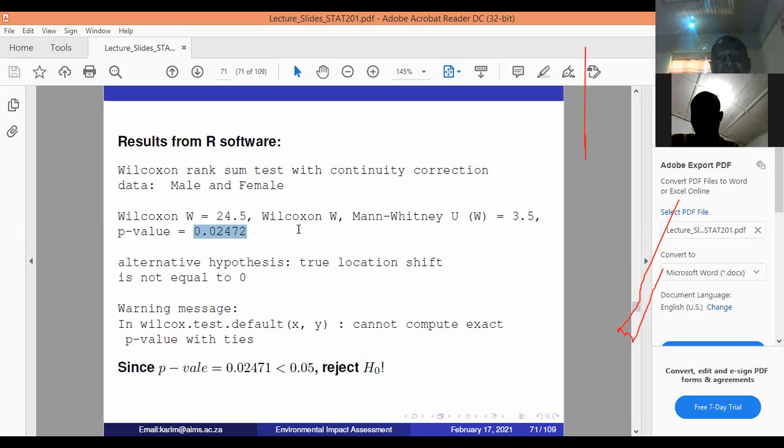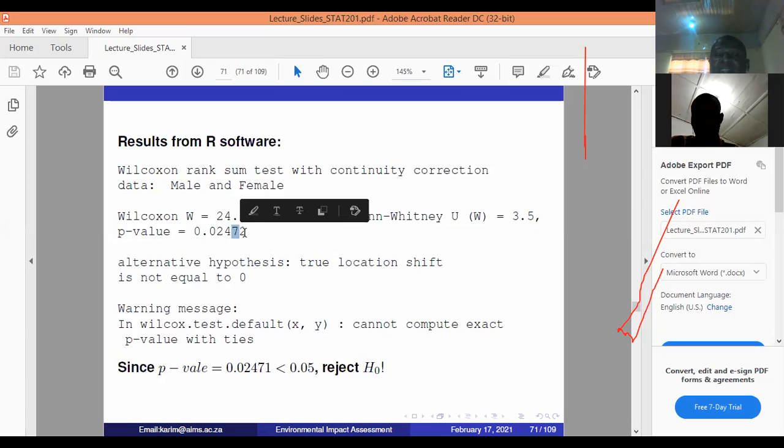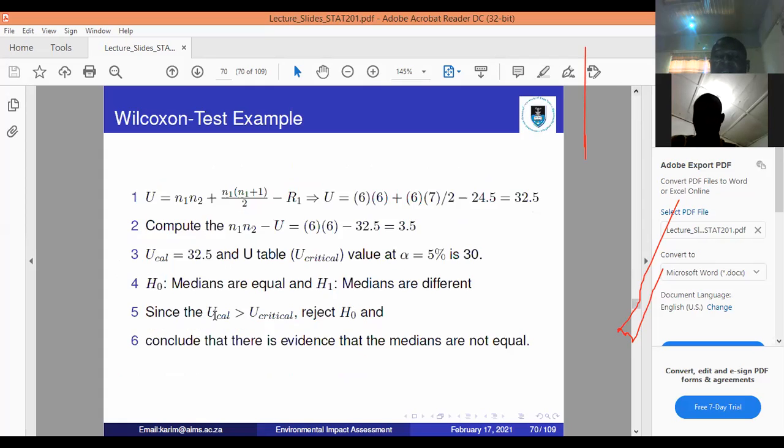And remember, in the linear regression, we said that when the p-value is less than 0.05, we reject the null hypothesis. Here you can see that the p-value is less than 0.05. The null hypothesis is saying the medians are the same.